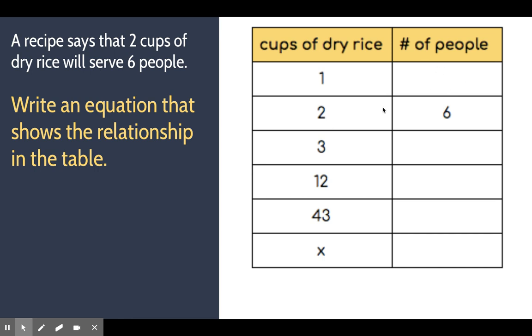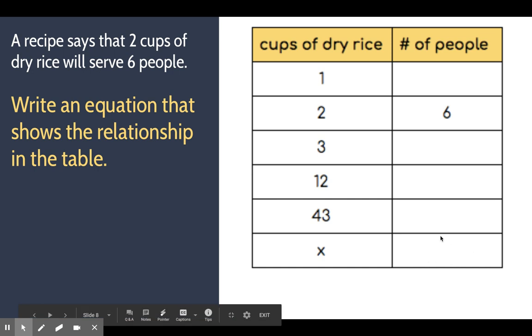We already know that 2 cups will serve 6 people. 3 cups of dry rice is going to serve 9 people. 12 cups of dry rice is going to serve 36 people. 43 cups of dry rice is going to serve 129 people. And then this one says if I have x cups of dry rice, it's going to serve how many people?